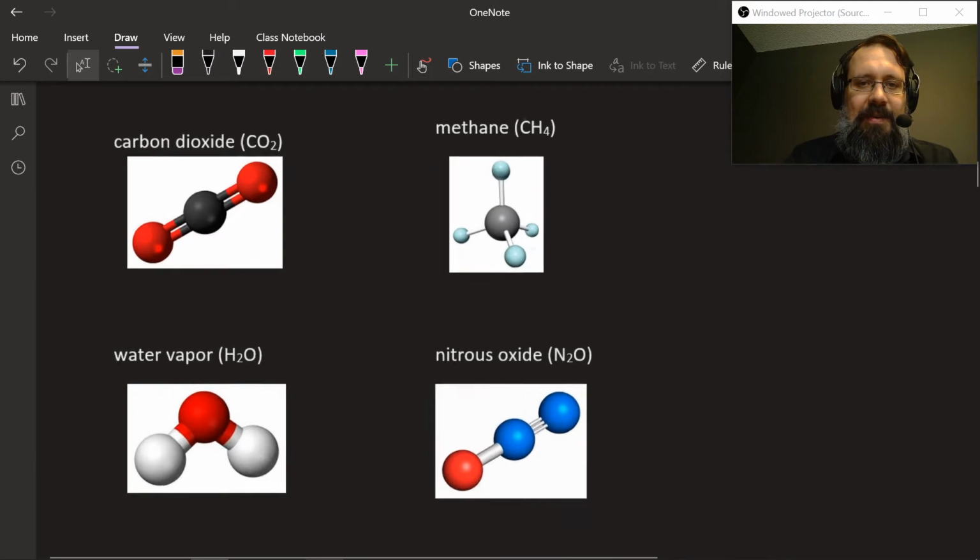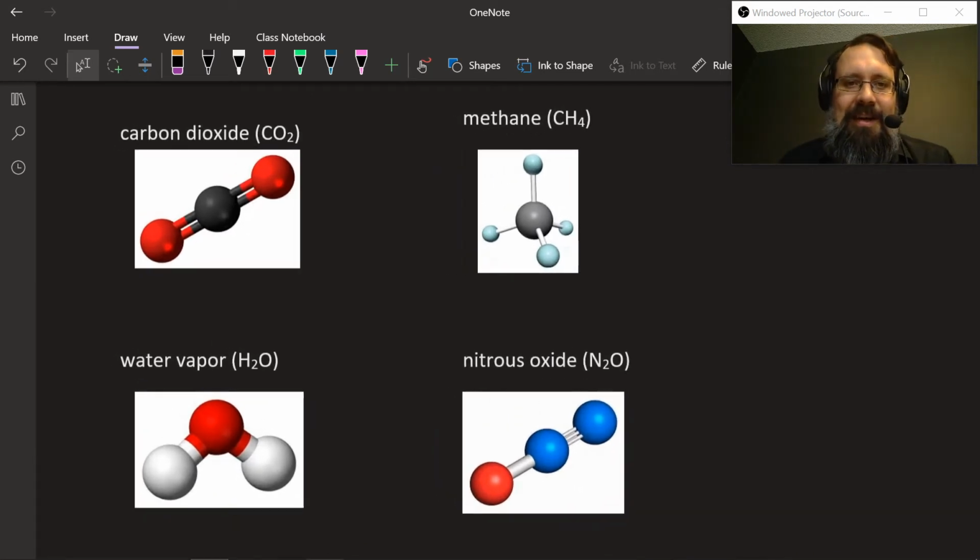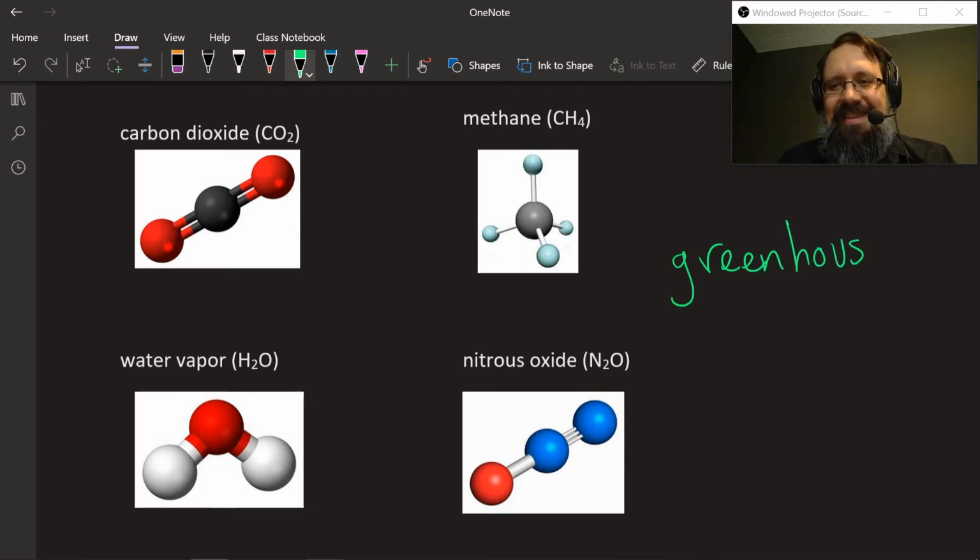All right, let's look at these. These are the culprits. These are the reasons why we are able to live on this planet and not be frozen. It's because of these four. These are the four main. You guys know what these are called? I bet you know the names. What are these gases called? Greenhouse gases? These are the greenhouse gases. Know them and love them, but not too much because climate change is also caused by these guys.